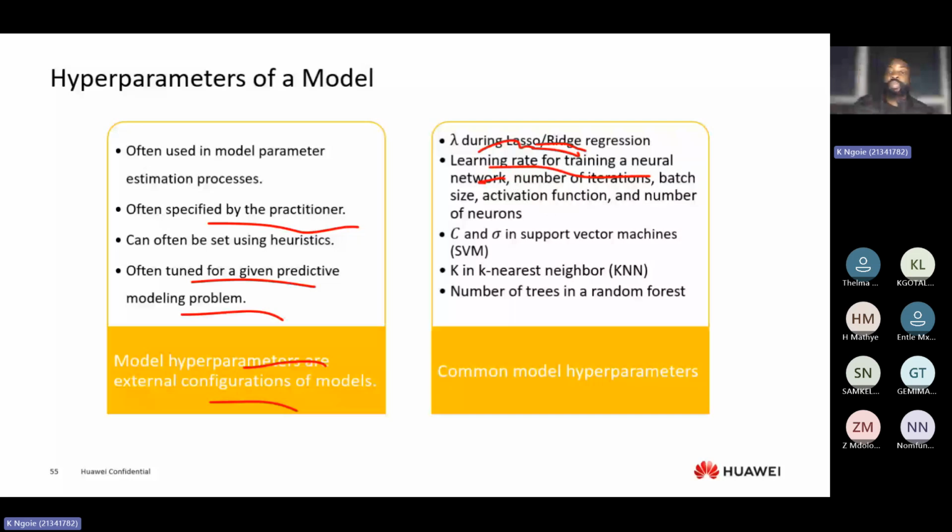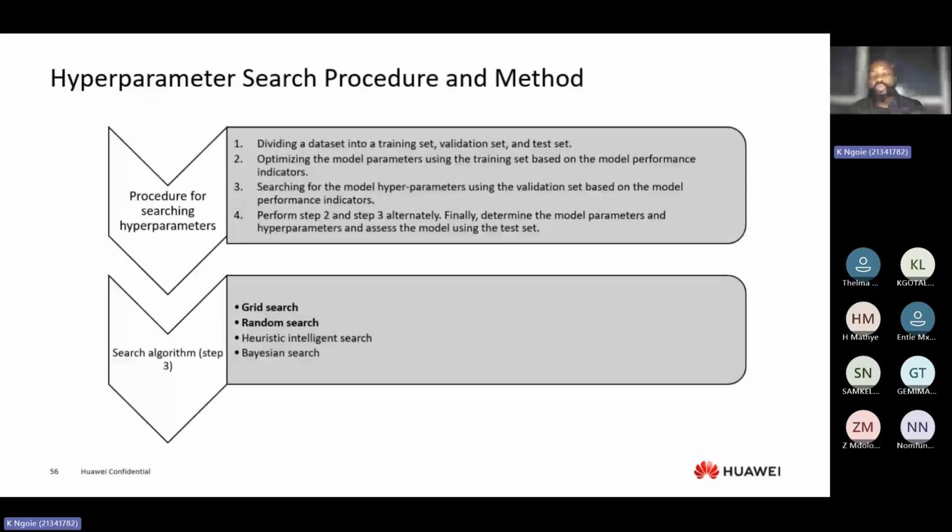And when you learn about different algorithms, we will speak about nearest neighbor, which is an algorithm. The K in that algorithm is also a hyperparameter. Now remember that hyperparameters are set by you as the practitioner.